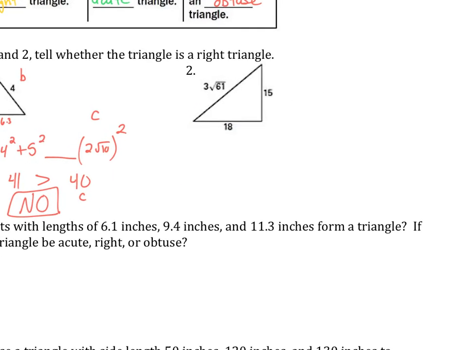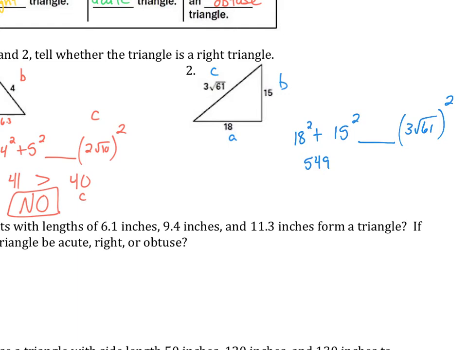And example 2, the biggest side is 3 times square root of 61. The other sides are our a and b. So a squared plus b squared would be 18 squared plus 15 squared. Leave a blank. And on the other side we have 3 square root of 61 squared. 18 squared plus 15 squared will give us 549. 3 times the square root of 61 would be 23.4307, and it keeps going.